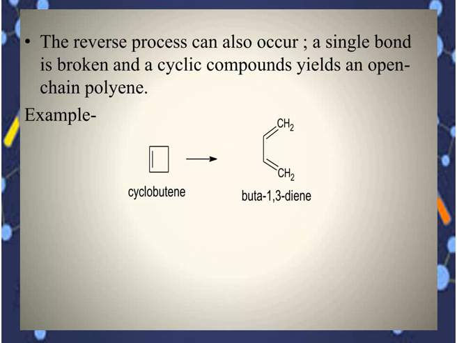This is also a very important reverse process. In case of pericyclic, the formation of ring and breaking of ring to the open chain. So a single bond is broken and a cyclic compound yields an open chain polyene. For example, you can see cyclobutene and buta-1,3-diene.